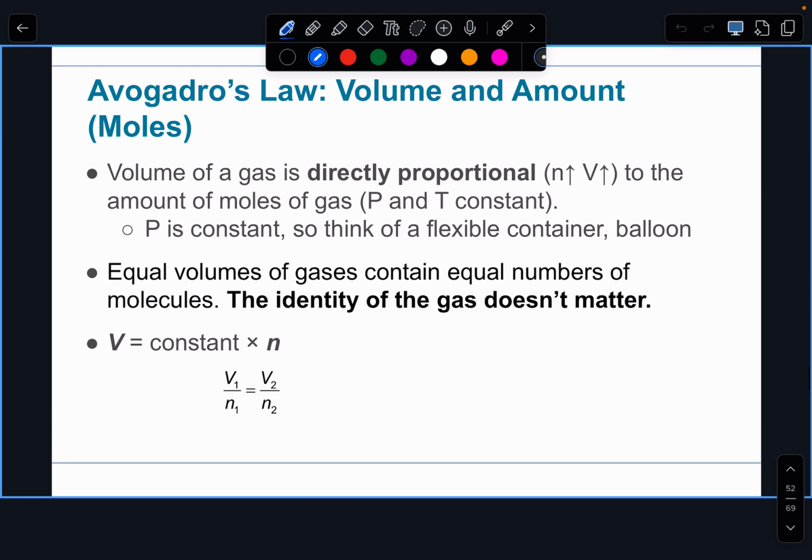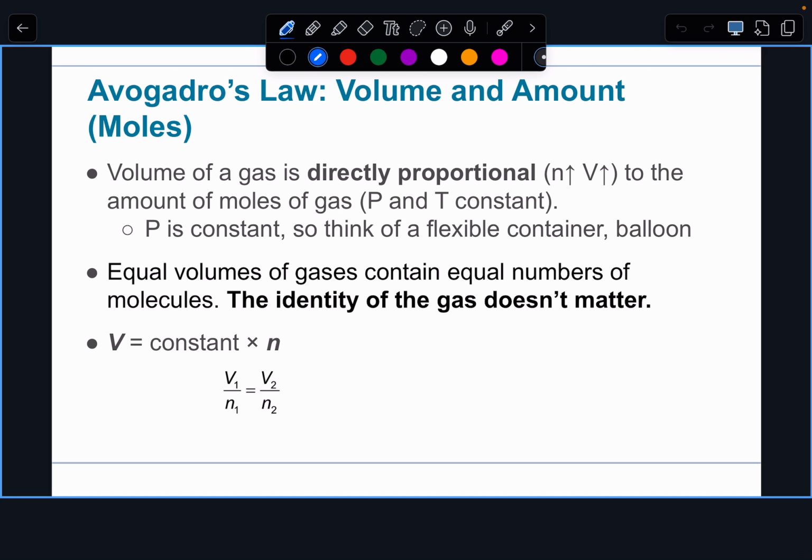And then the last one is N and V. This one's pretty easy to understand. You have a balloon, you blow a certain number of moles of gas into it, you hold it there, it has a particular volume. What do you think is going to happen to the volume if you blow more moles of gas in? It gets bigger, right? Because it's trying to maintain constant pressure.